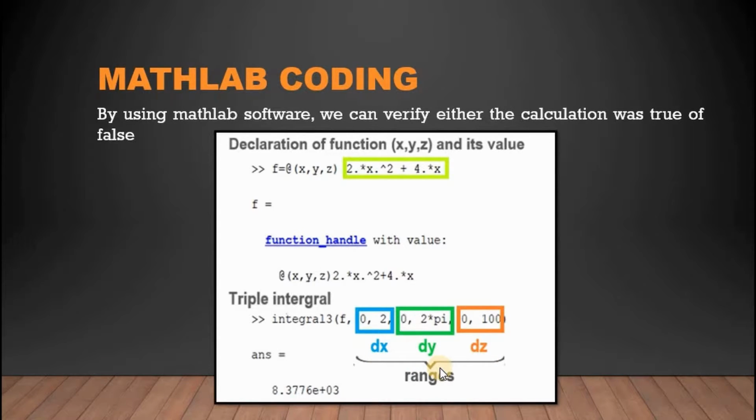After we run the simulation, the answer will come out, and by using this software, we can verify whether our calculation is true or false by comparing our answer with this answer. So that's all from me. I will pass to my friend to continue with the following steps.